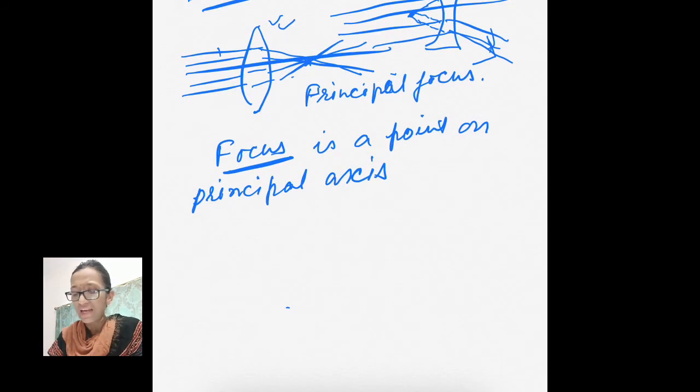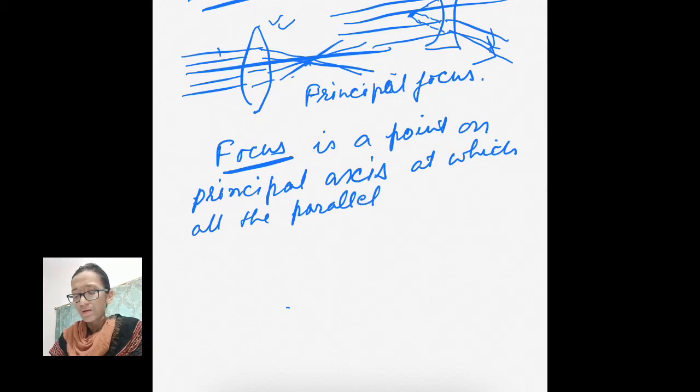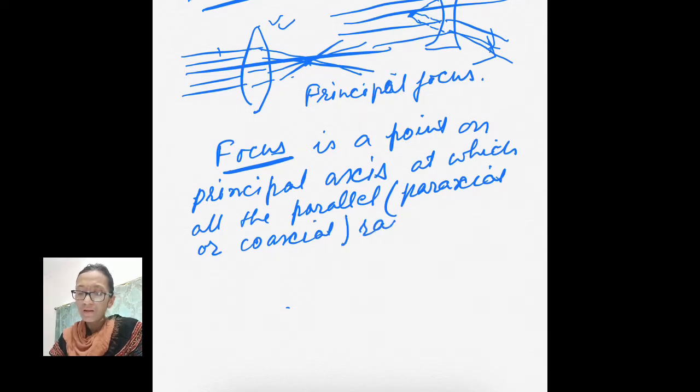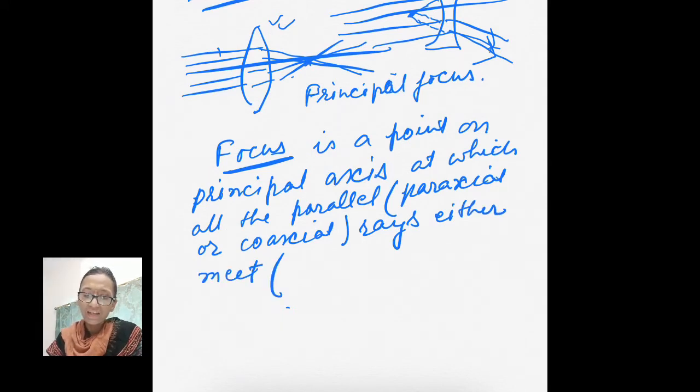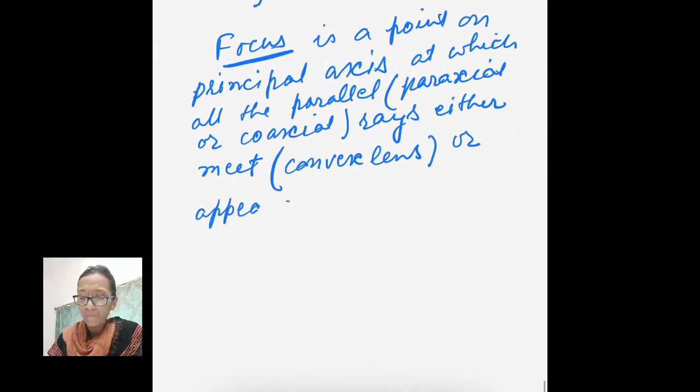So let me write focus. Focus is a point on principal axis at which all the parallel paraxial or coaxial rays, after refraction, either meet, in case of a convex lens, you can see, or appear to come from, and this is in case of a concave lens.